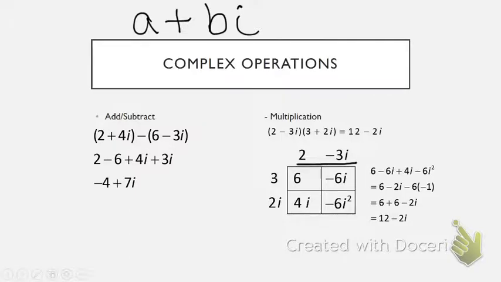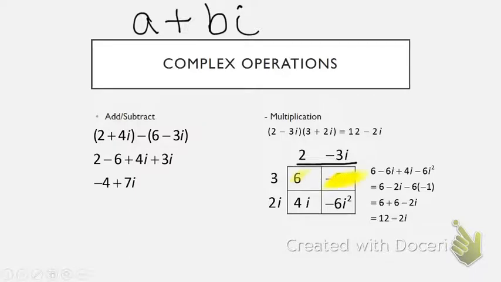I was asked by my students, does it matter which side it goes on? And it does not. Just make sure they're on opposite sides of this outer box. So 2 minus 3i and then 3 plus 2i. Now we multiply. This 6 right here, we got from 2 times 3. And then this negative 6 we got from 3. Ooh, that is wrong.